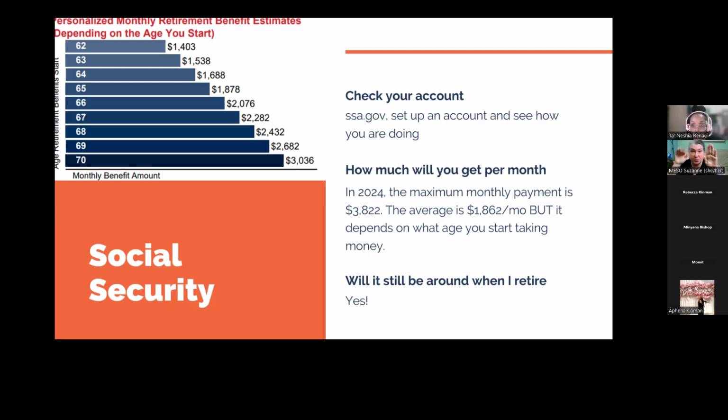So if this person was making higher Social Security, say they were making $3,000 a month and you're making $2,000 a month, when this person passes away you are then going to get that $3,000 a month. But the thing that's difficult to come to terms with is that if you're married, you did have $5,000 a month. So you were going to go from $5,000 a month to $3,000 a month. So you have to think about the plans, because one of you is going to die first. And that's going to take away a certain amount of money every single month from the money that you're going to be living off of.